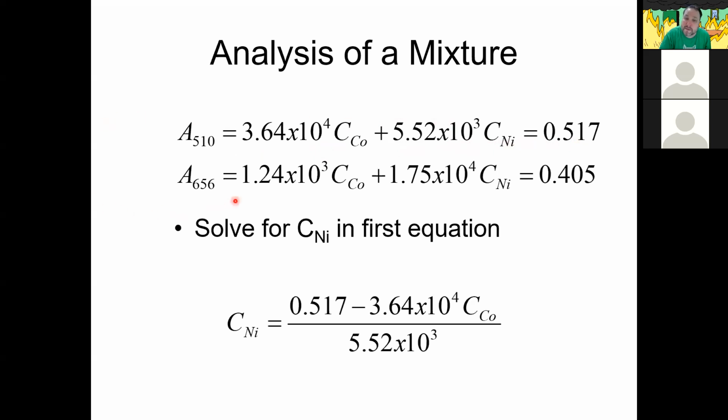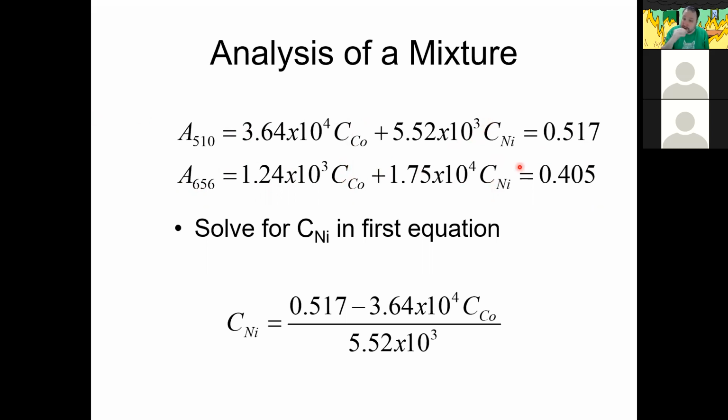And then at 656, the total absorbance, 0.405, is equal to the absorptivity of the cobalt times the concentration of cobalt plus the absorptivity of the nickel times the concentration of the nickel. And so we've got two unknowns, the concentration of cobalt and the concentration of nickel. We've got two equations. This is now solvable.